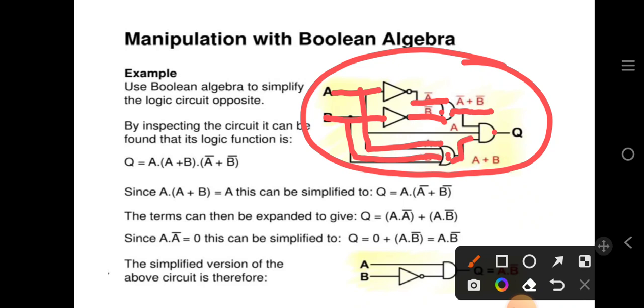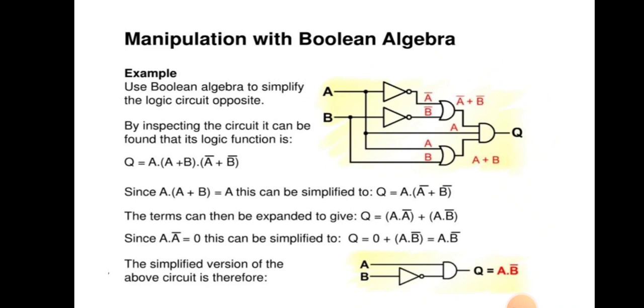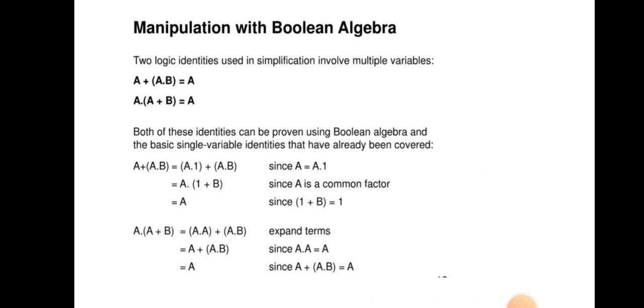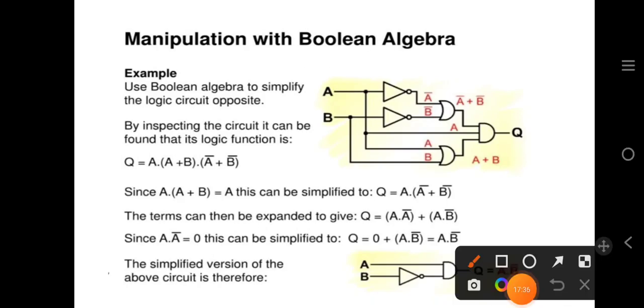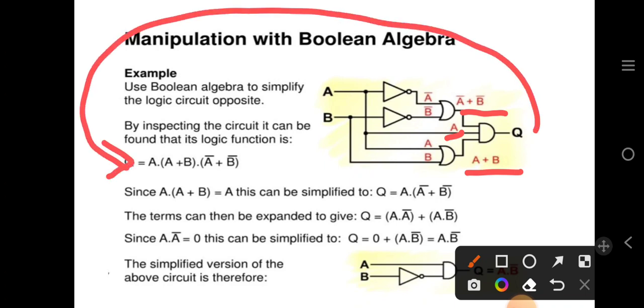Now for the AND gate, the first input is this, the second input is this, and the third input is coming from A. The middle one is coming from A, so we have to AND the three terms: A bar plus B bar, A, and A plus B. We will AND all three terms and get the final output. This output is written here: Q equals A dot A plus B dot A bar plus B bar.